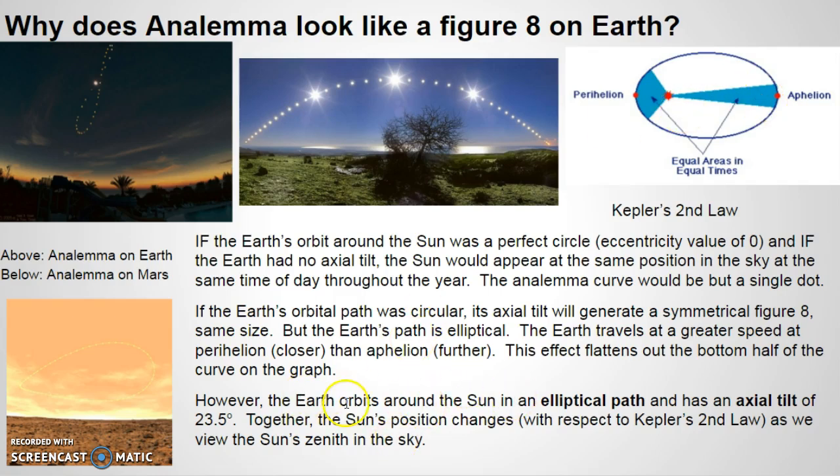So we can say very confidently that the Analemma itself is a result of the Earth orbiting the Sun in an elliptical path and having an axial tilt of 23.5 degrees. Together, these both lead to the figure 8 Analemma chart.